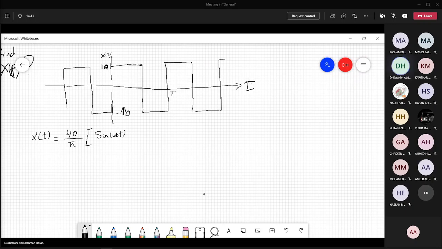Okay, طبعا إذا given T capital, so omega naught equal to 2 pi divided by T. إذا عندي إياها, if we don't have, then omega naught equal to just 2 pi divided by T, plus 1 over 3 sine 3 omega naught t plus 1 over 5 sine 5 omega naught t and so on.